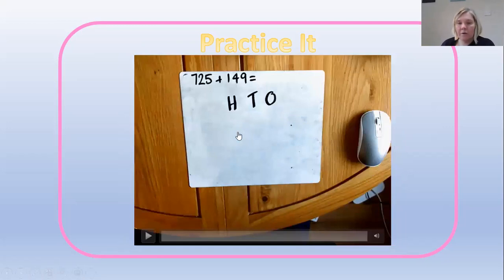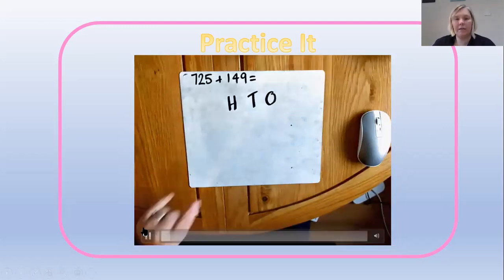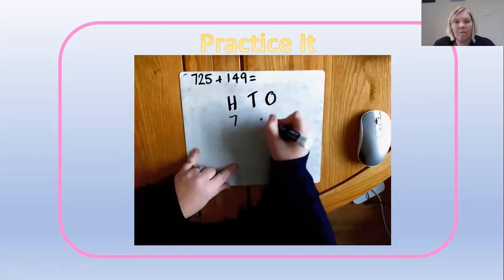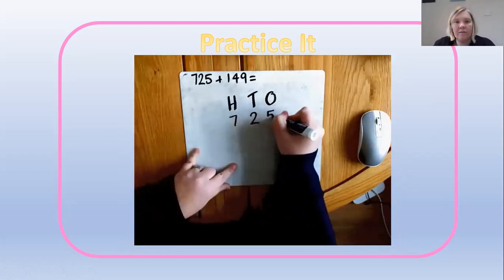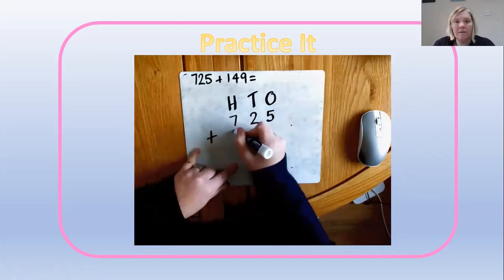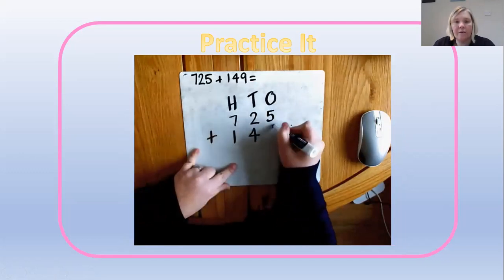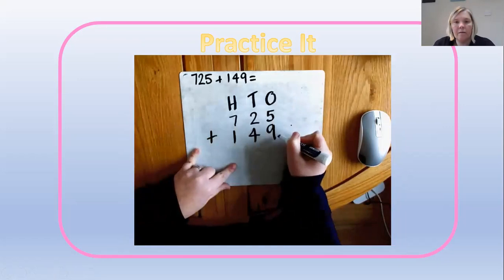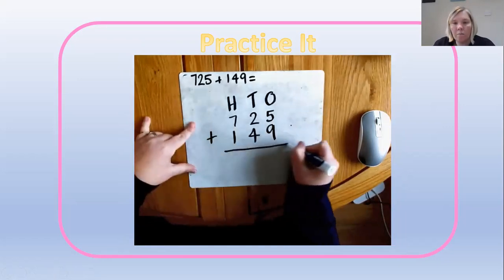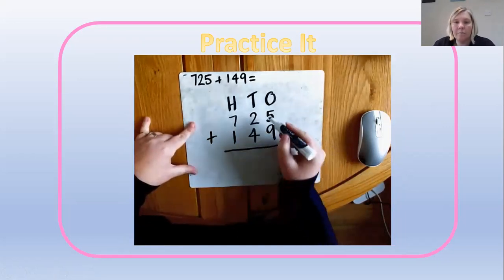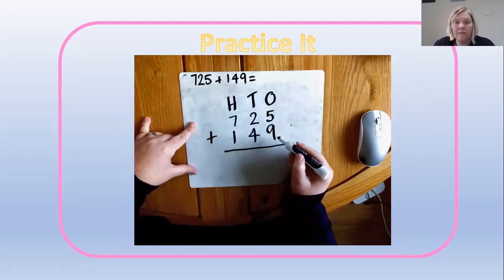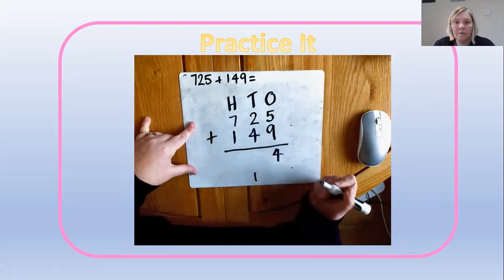And my last one, I'm going to write it out in a formal method, lining up my digits. So I've got 725 plus 149. I make sure that my column is lined up properly. So 5 plus 9 is 14.